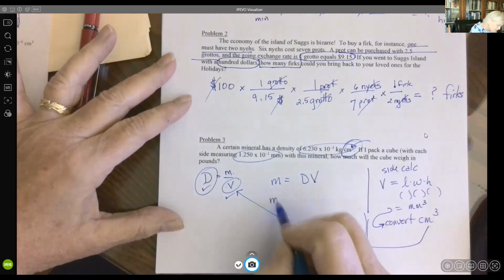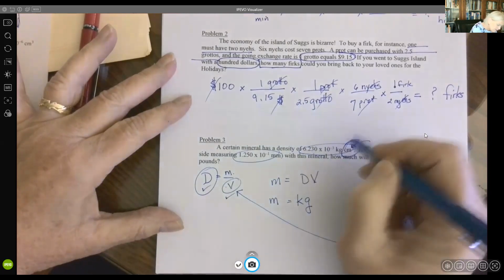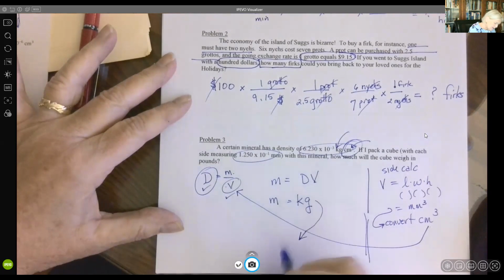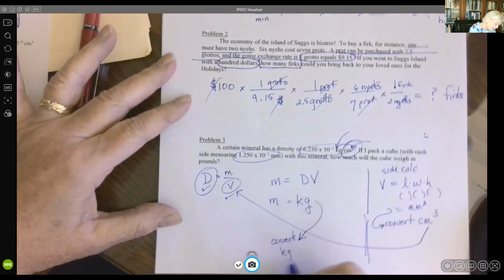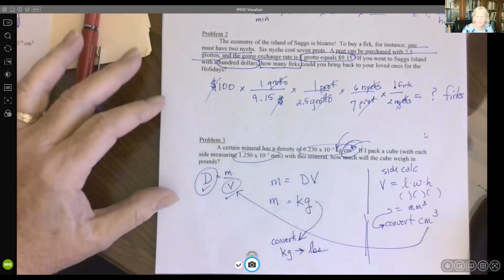This mass would be given to you in kilograms, because that's what the density is in. So now you just have to convert, another side calculation, convert kilograms into pounds, and you would have your answer.